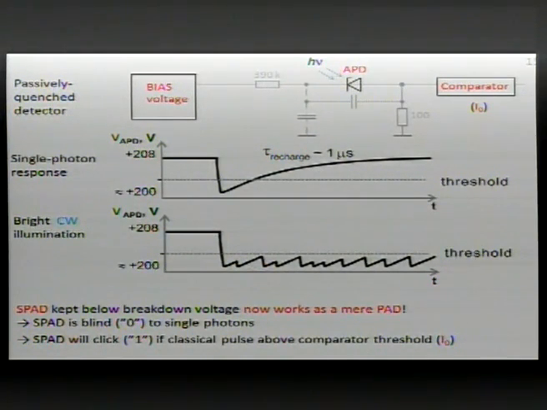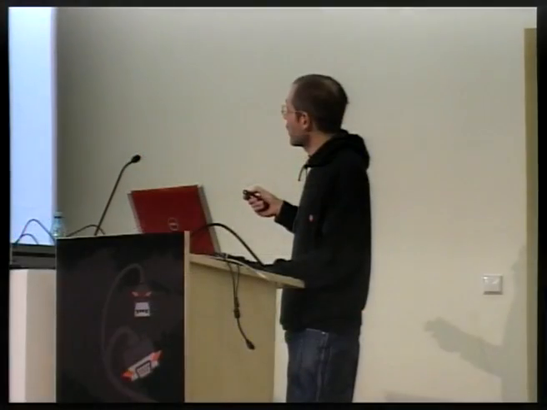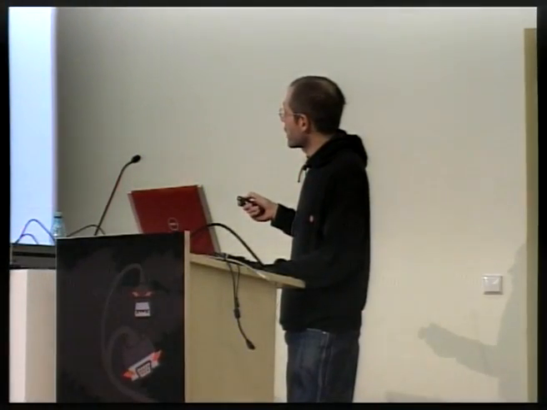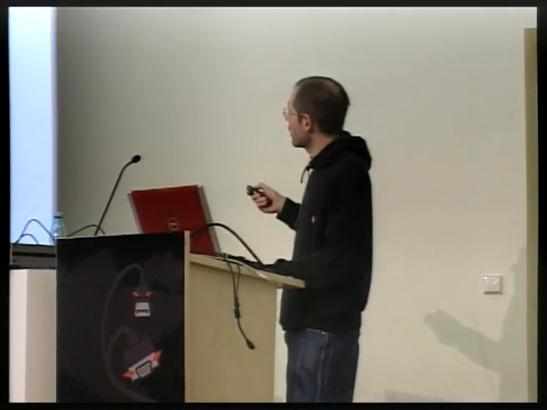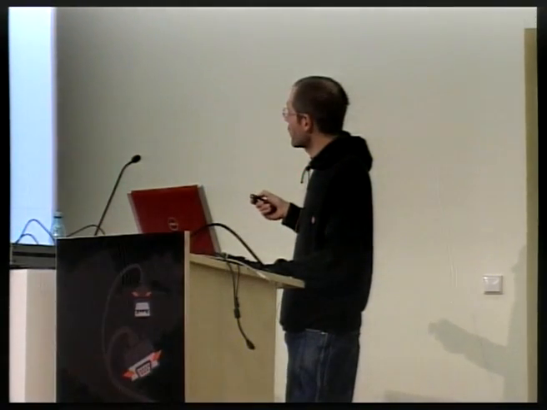So let me give an example in the case of a detector for which the avalanche is passively quenched. What you can see here is the simplified circuit diagram of the detector. So you have the APD here. The APD is biased above breakdown voltage with this power supply. And whenever you have an avalanche, you have a stray capacitance here, which quickly discharges in the APD and into this resistor.